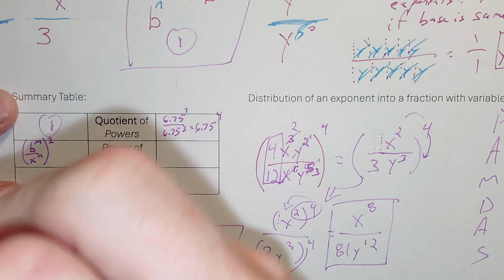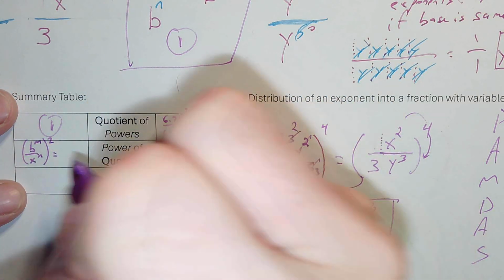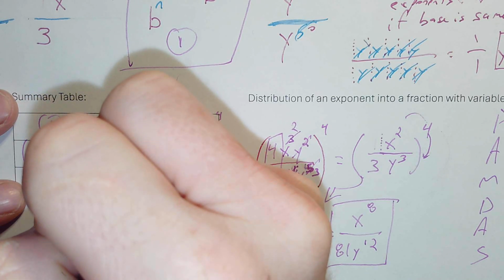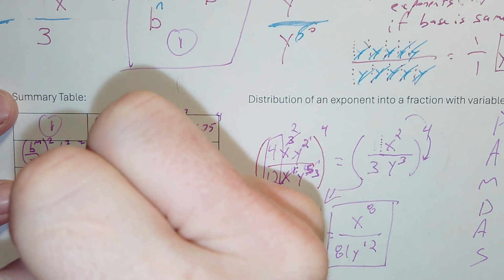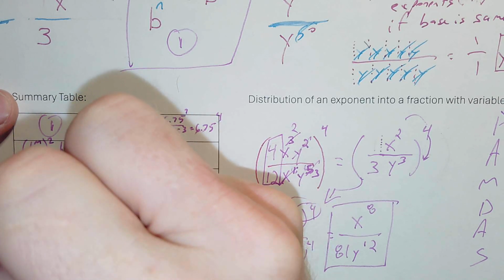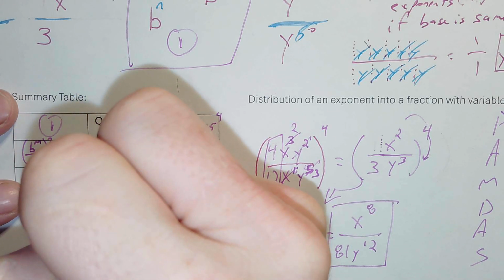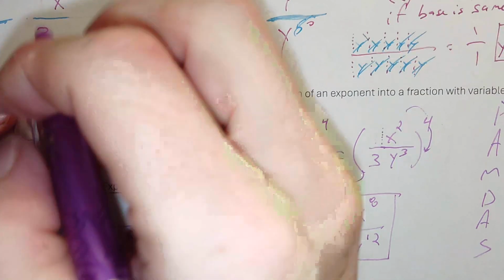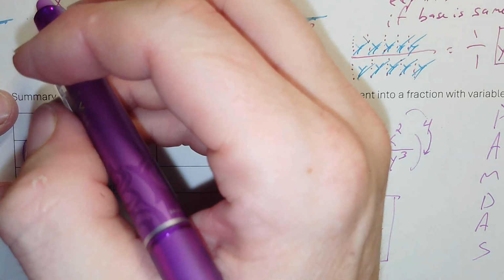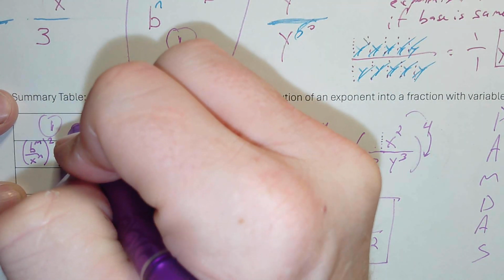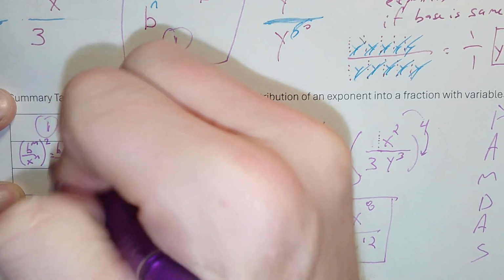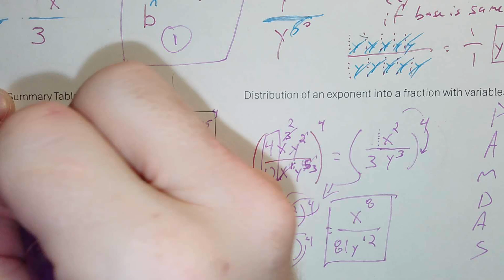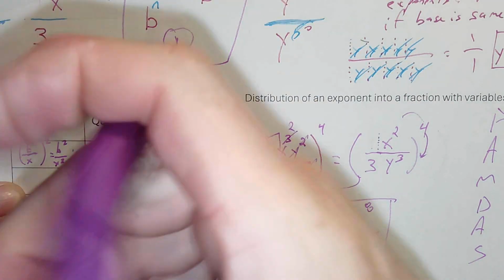It's going to be equal to b to the z, m to the z, over x to the z, n to the z. We'll just simplify it like that.